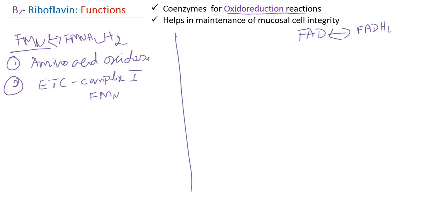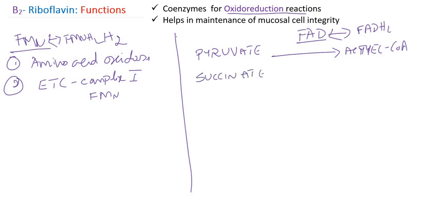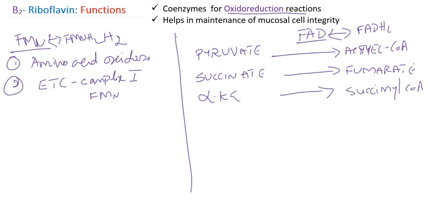Similarly, FAD requiring reactions we have already studied with thiamine. Pyruvate in carbohydrate metabolism is converted to acetyl-CoA. Similarly, in the citric acid cycle, alpha ketoglutarate will be converted to succinyl-CoA, and then succinate will be converted to fumarate.